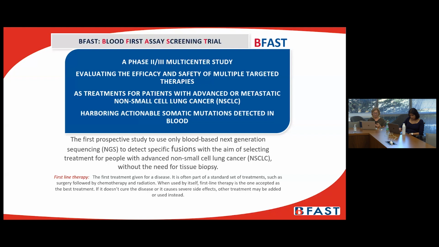However, not all patients are healthy enough for a biopsy, or perhaps they don't have enough tissue left. So this BFAST study was designed to study prospectively using circulating tumor DNA to determine if a patient is eligible for treatment in the trial.